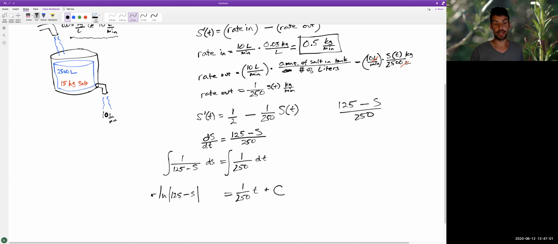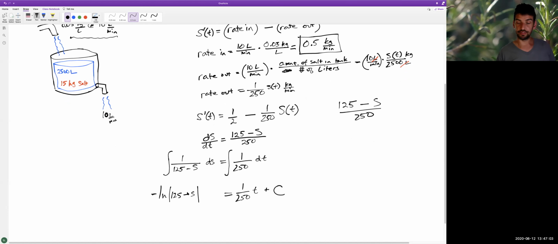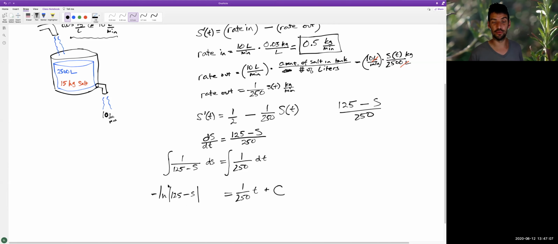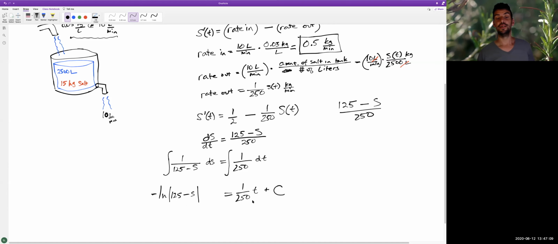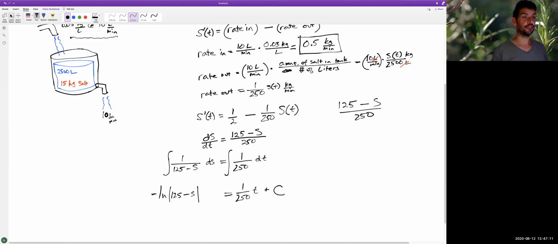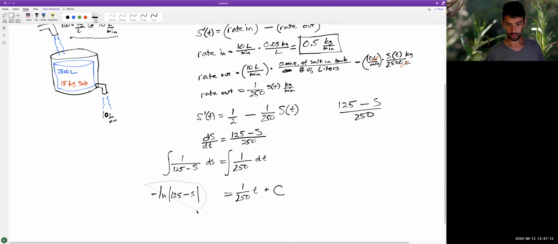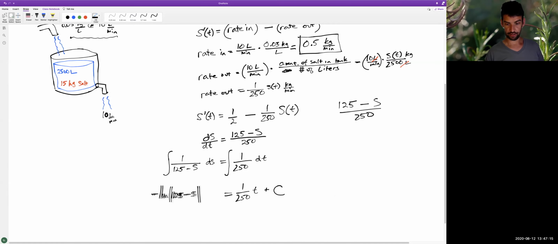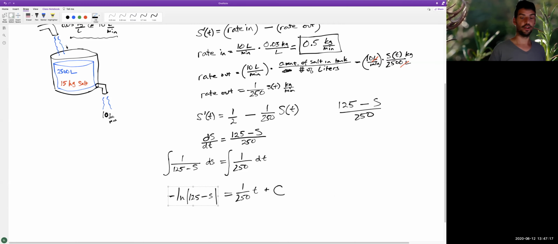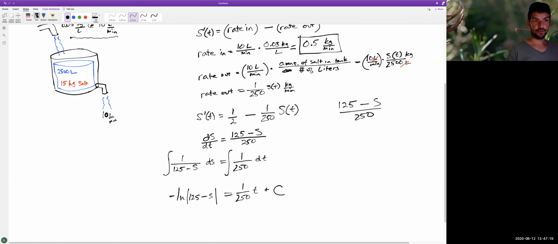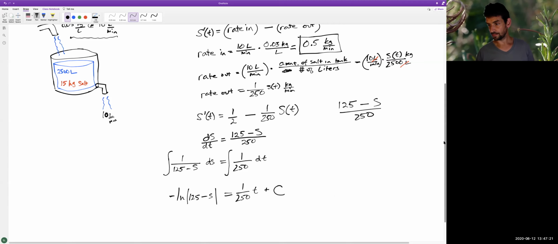But we're going to need to pick up a negative, right? If we take the derivative of this, we get our 1 over 125 minus s, but the chain rule would give us a negative that we don't want. So there is my expression, which is strangely to the side. Let's move it over. Okay. All right, we are on our way.